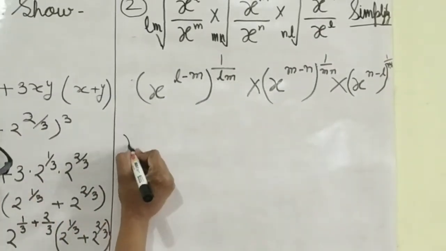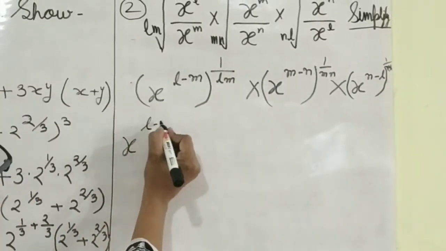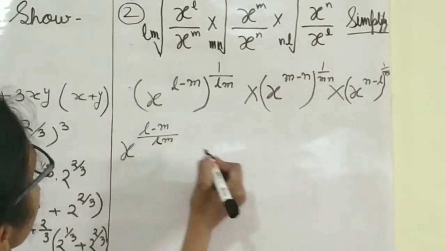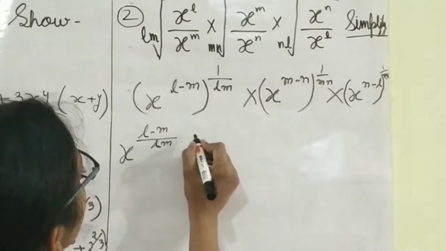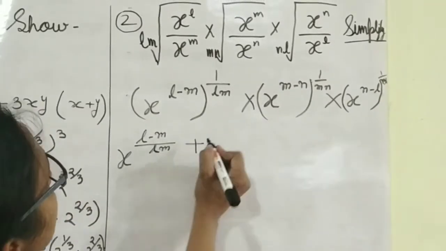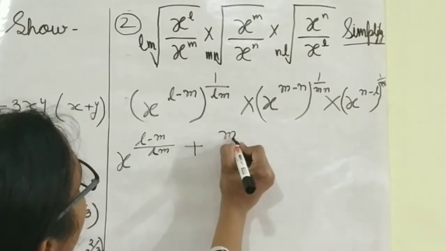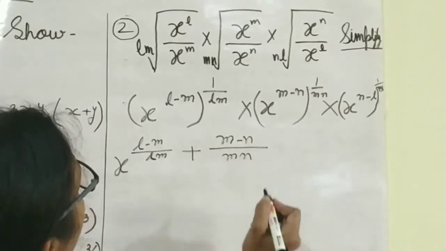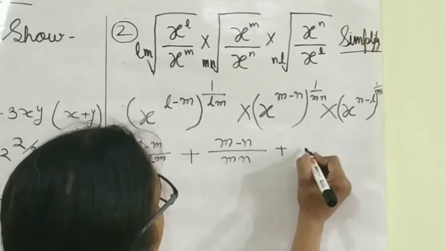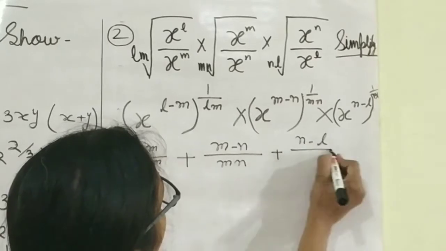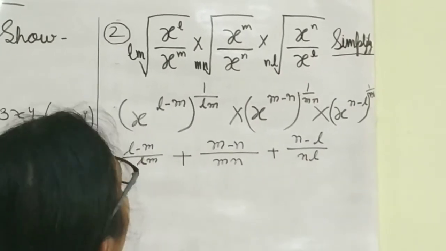So we can write it as x power (l minus m) upon lm, and directly we can write plus (m minus n) upon mn plus (n minus l) upon nl.